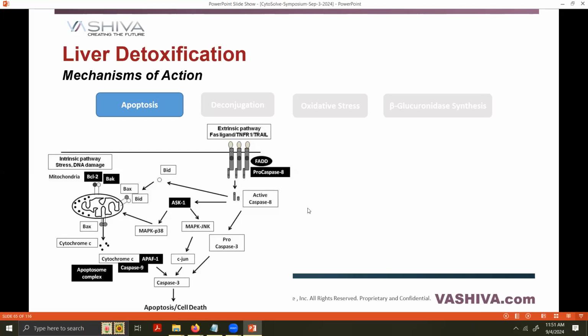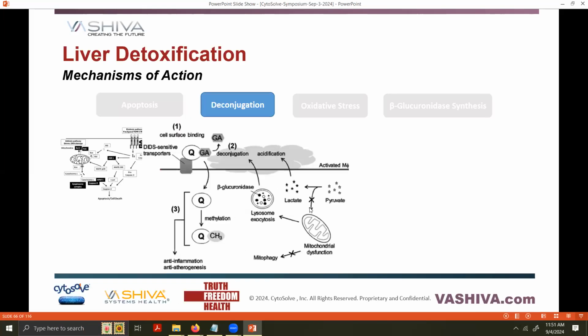Sure. So the second one is deconjugation. This is a mechanism by which toxins are conjugated and deconjugated. Some of the enzymes involved in it are beta-glucuronidase, which comes up in another pathway as well. So if you have toxins, conjugation is important.